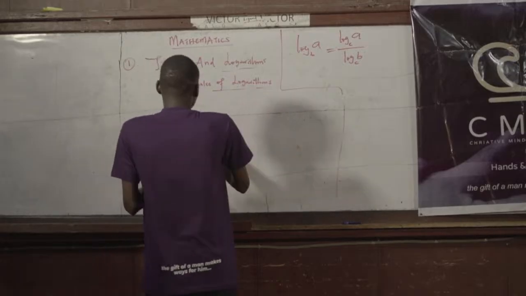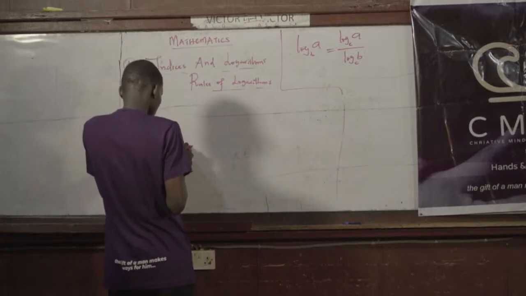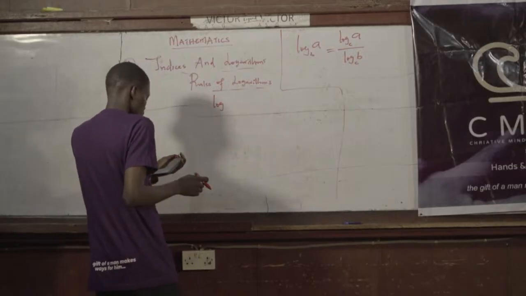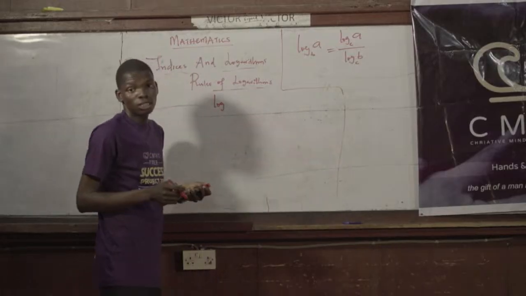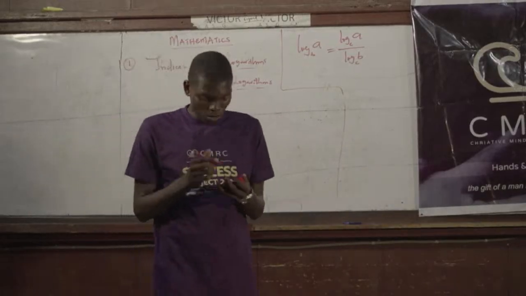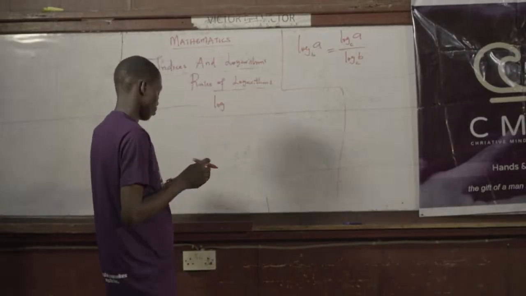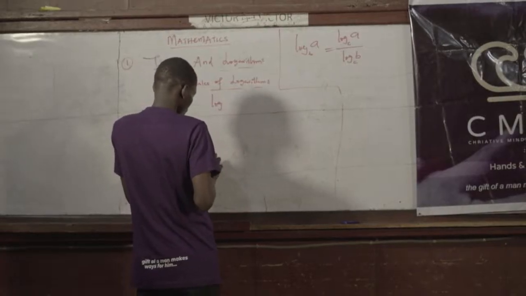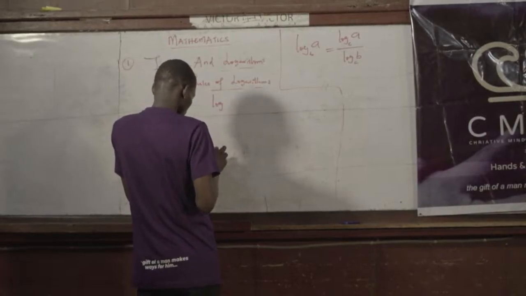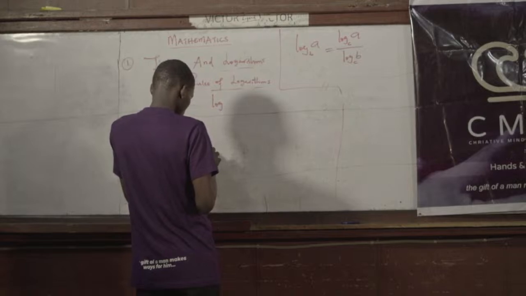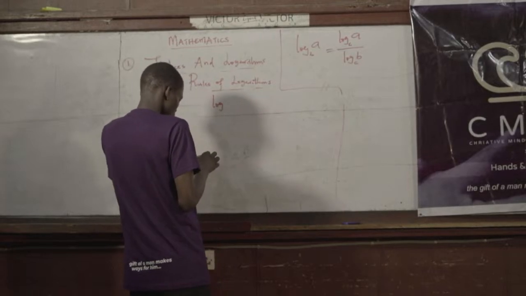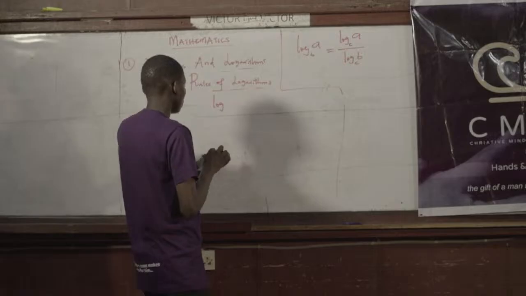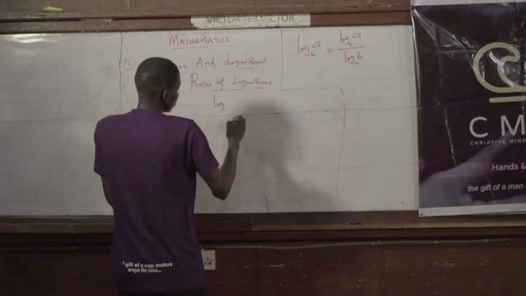Okay, let's see. The question says that if I have a log, we are going to apply all the logarithm rules we've been talking about so far. We can firstly do the simplest one, then we move to the higher one.